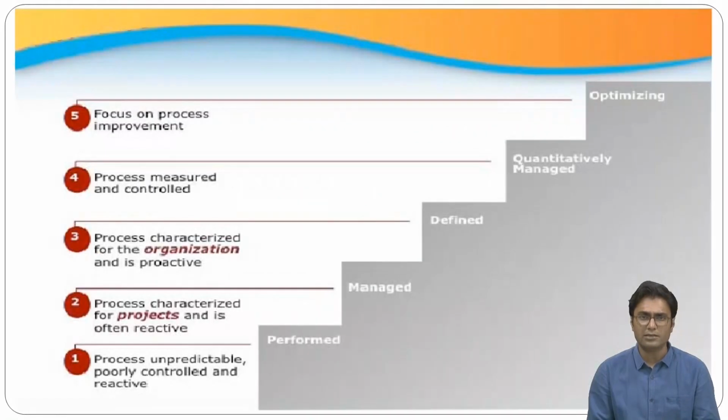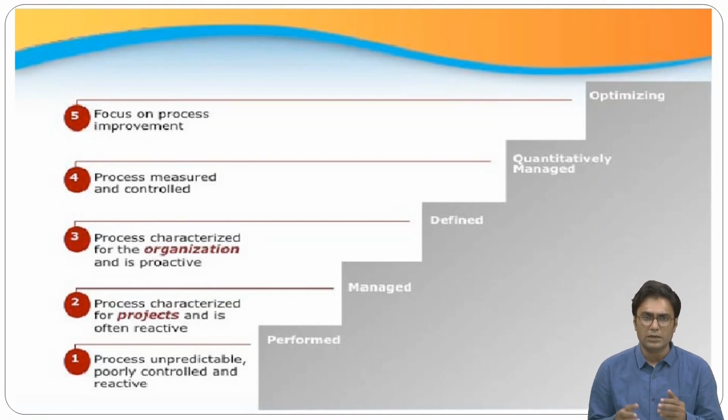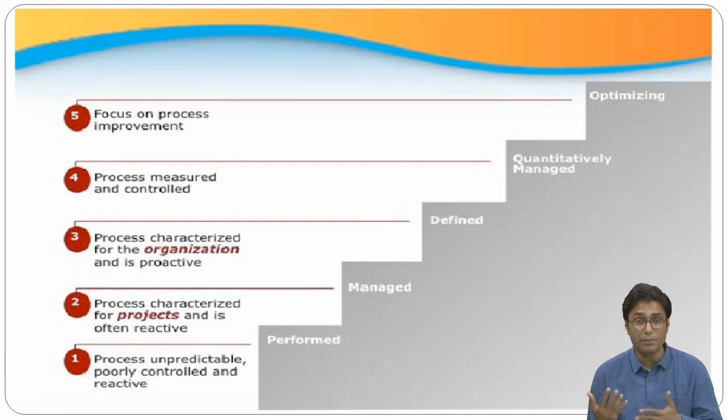Now in the next slide, we have maturity level 1, which is performed, right? At this level, processes are usually ad hoc and chaotic. The organization usually does not provide a stable environment and does not use any proven processes, right?